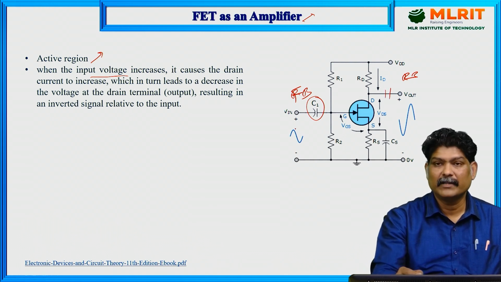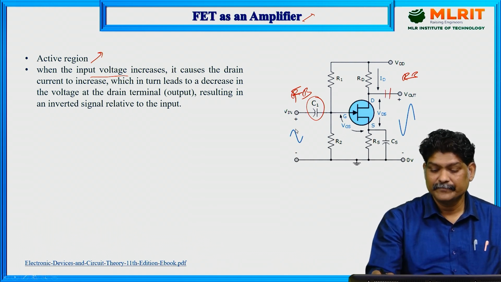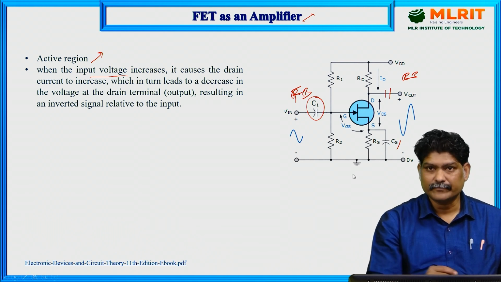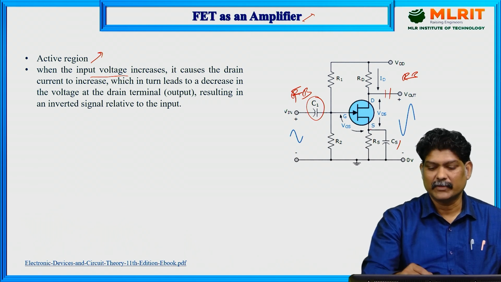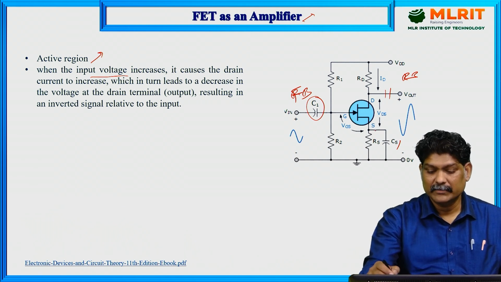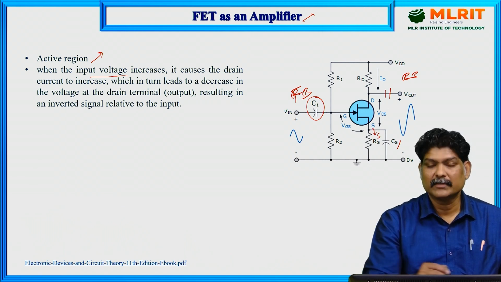Capacitor 1 is used to block the DC, and CS is the bypass capacitor, which gives a low reactance path to the output current, that is, the source current IS.